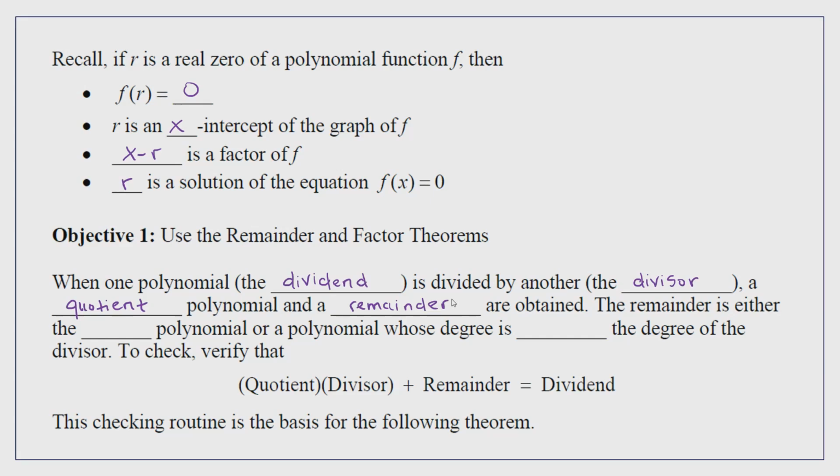The remainder is either the 0 polynomial or a polynomial whose degree is less than the degree of the divisor. To check, verify that the quotient times the divisor plus remainder equals the dividend. This checking routine is the basis for the following theorem.